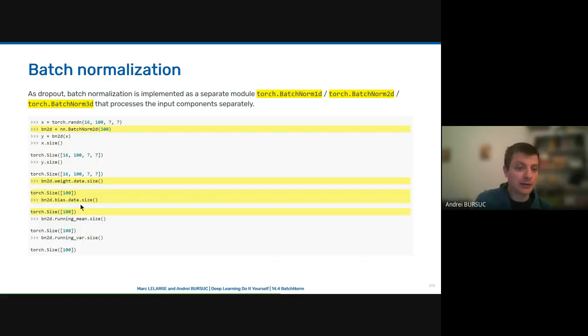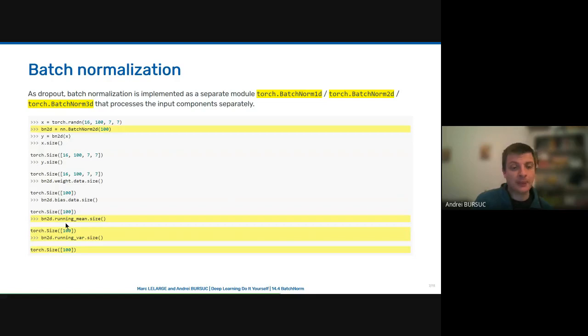What's specific to Batchnorm are these two fields, running mean and running variance. These are the fields where we store on the fly the mini batch statistics, the mean and the variance. We compute them on the fly and update them with each mini batch.